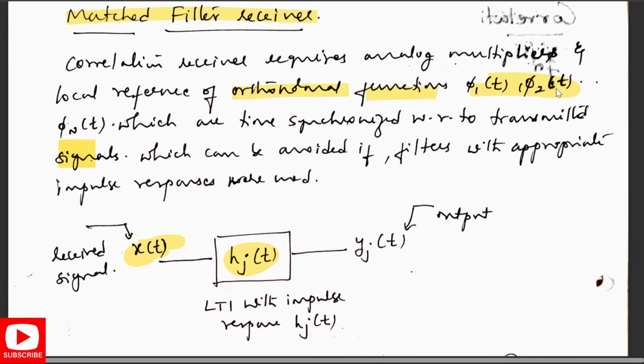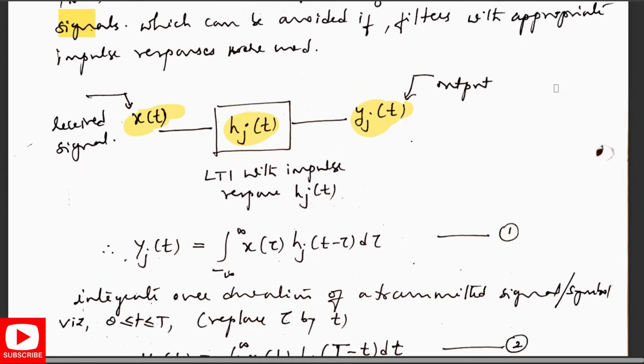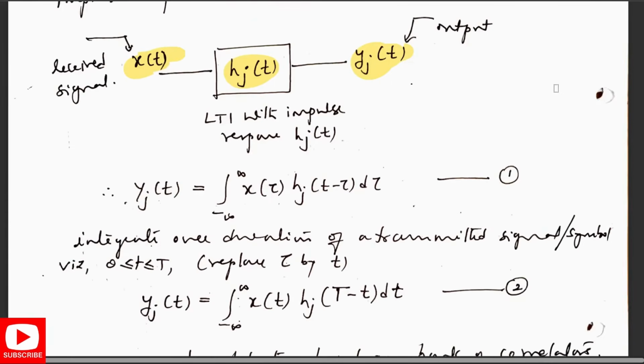We get an output y_j of t, given as the integral from minus infinity to infinity of x of tau h_j of t minus tau d tau. Integrating over the observation of the transmitted signal from 0 to T, y_j of T.